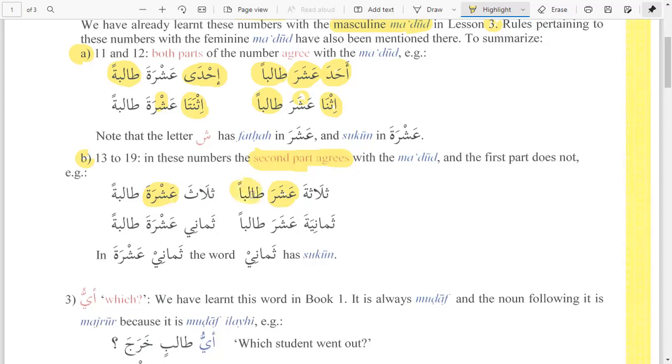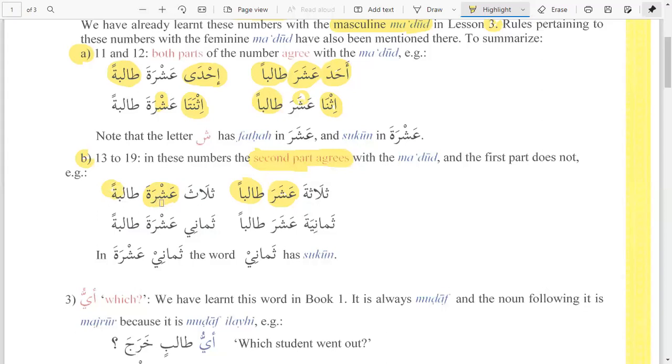Taliban is mansub, so ashara is also mansub. Talibatan is feminine, so ashratan is also feminine. Ashara is muzakkar, masculine, so Taliban is also masculine. Ashara agrees with the Taliban. And ashrata is feminine and agrees with talibatan because talibatan is also feminine.